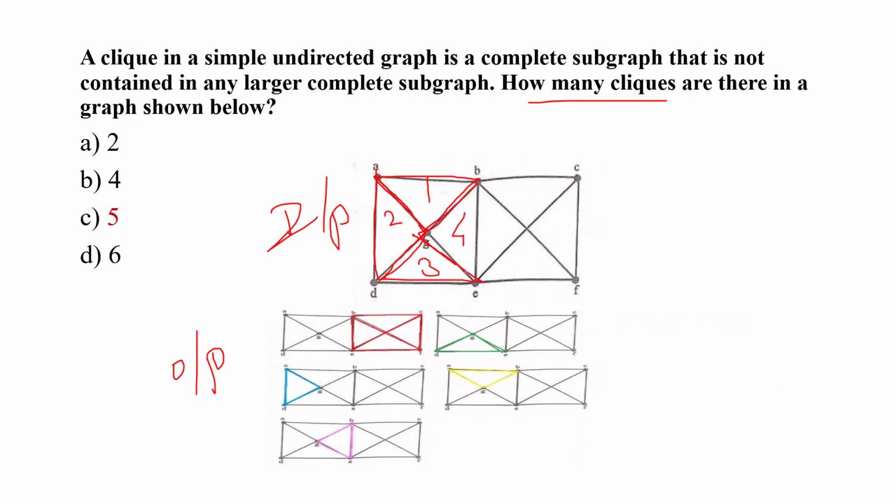Now this one, fully joined together, is one part, the fifth part, because they didn't give any vertices here; here they have given G but here they didn't. So totally it will take the fully joined one as a clique. So totally 5. That's why this diagram is drawn separately. Basically these are the things we need to find out.